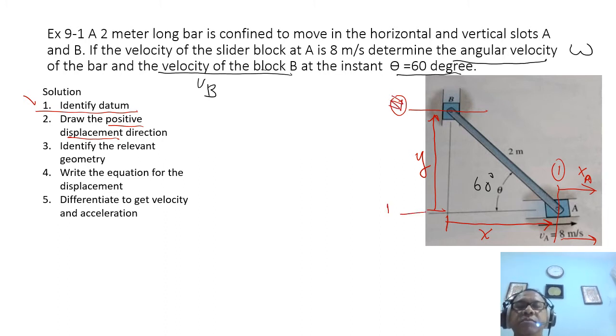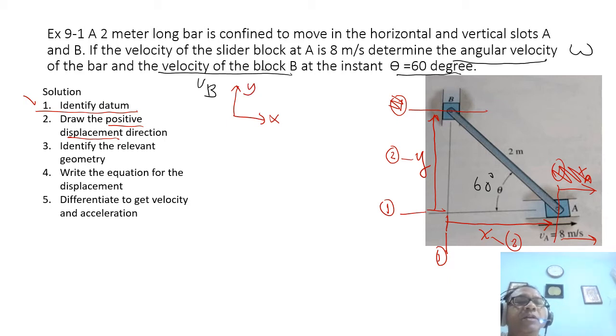Let's put datum 1 here, and we identify the positive displacement as this one. Using our right hand, we can find the xy position. We already show our xy system like this, and we measure it from there.